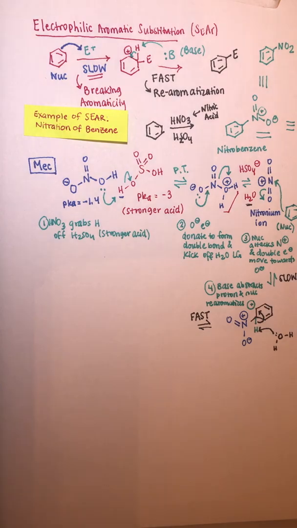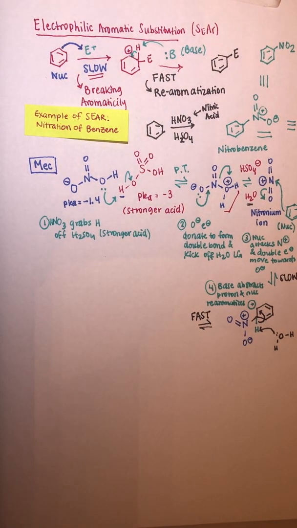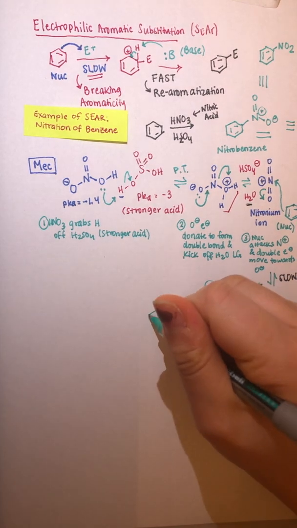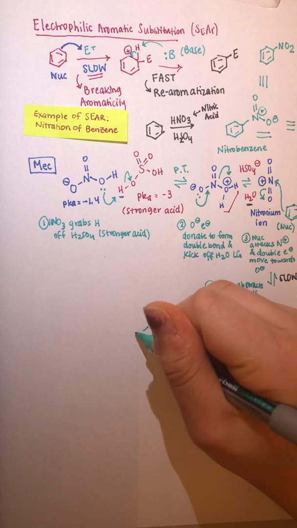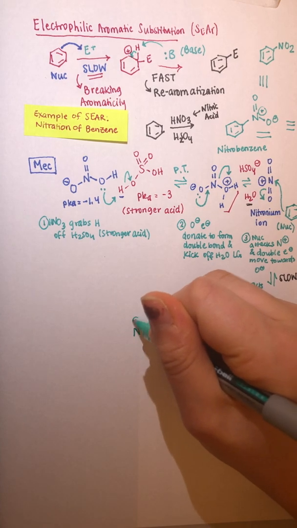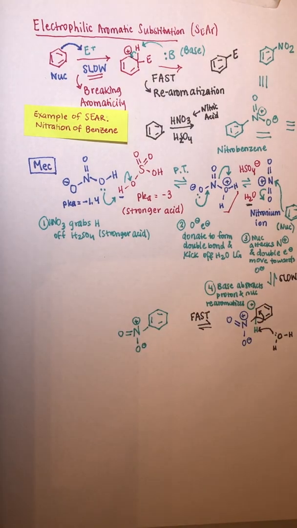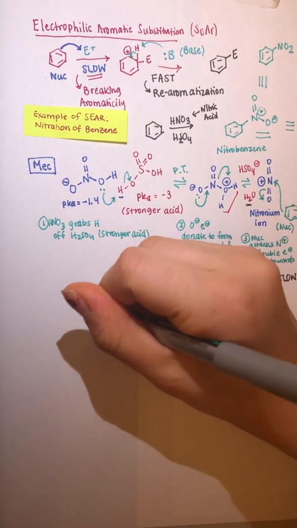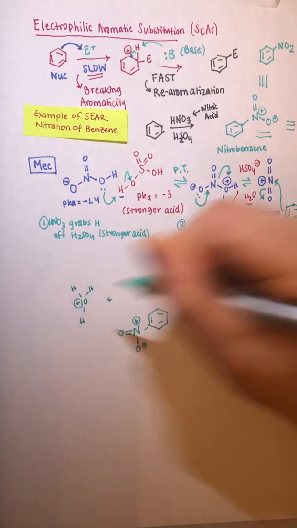Very good, right? We know that now. And so you're left with the product that you wanted, right? So you've got your benzene ring and your NO2. I'll just draw it out. Okay, and you also have your hydronium, right, which is positively charged.